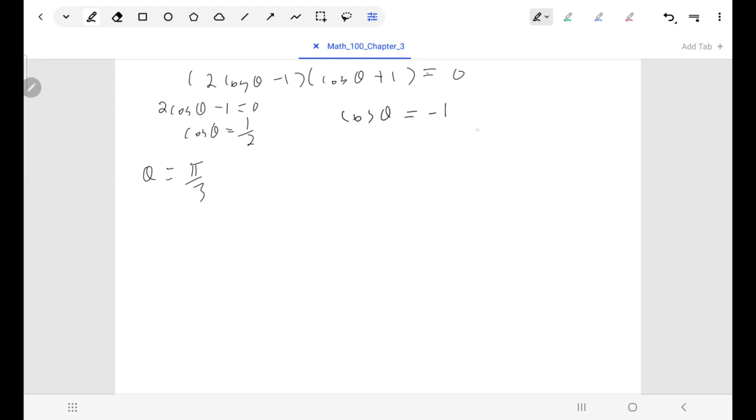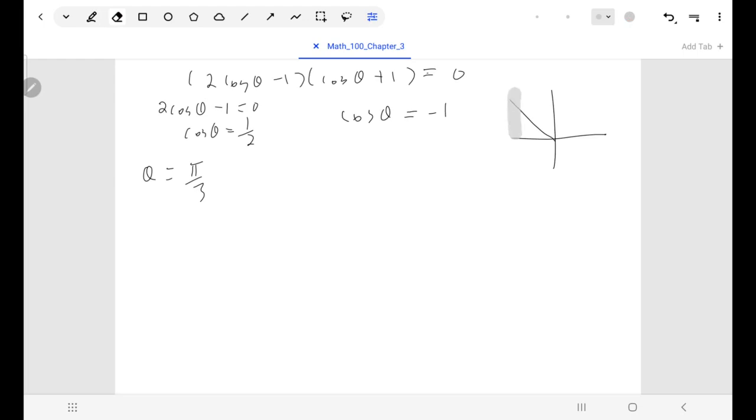We do know where cosine is equal to -1, and that happens to be at pi. But that's outside of our discussion because we said our domain was from 0 to 2 pi over 3, and pi is outside of that interval, so we don't include that.